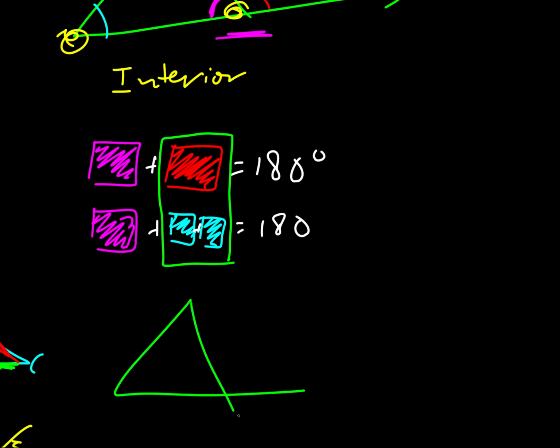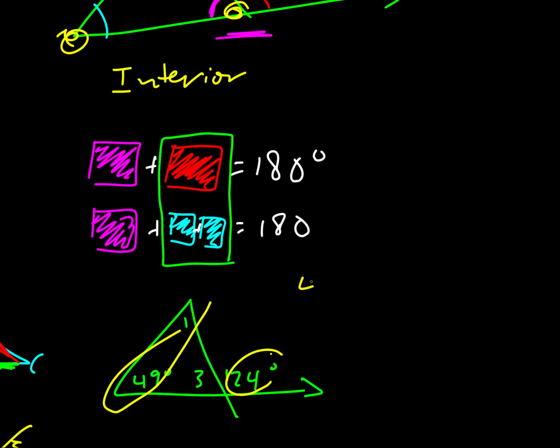And so we have that situation. This is 124 degrees. This is angle 1, angle 3, and then this is 49 degrees. So when we do that, we know that this adds up to these two.